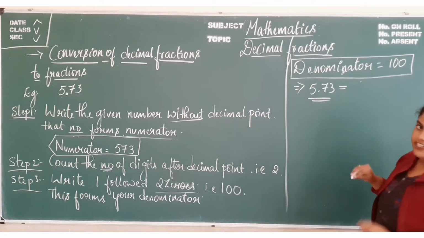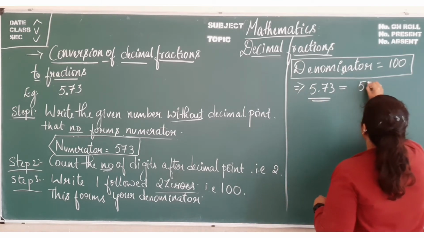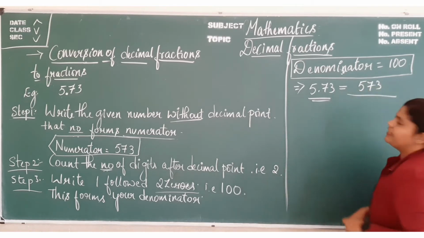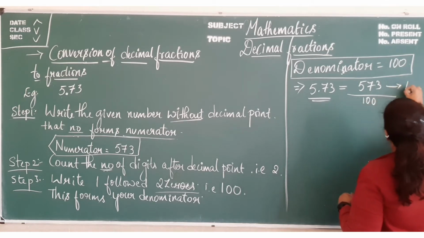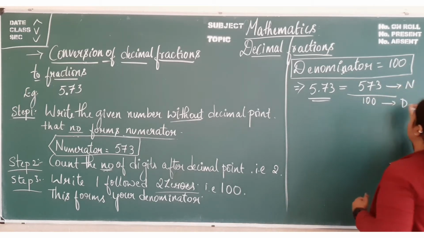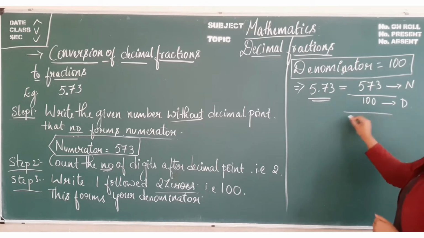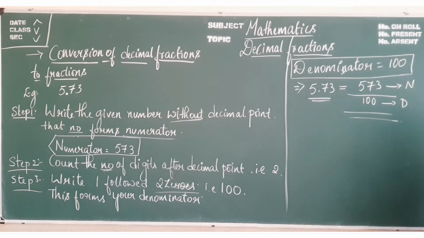The numerator is 573, by the denominator, 100. So this is your numerator and this is your denominator. Your final answer is 573 divided by 100. So 5.73 is nothing but 573 divided by 100. This is how you convert a decimal fraction to a fraction. Is it clear? Yes.